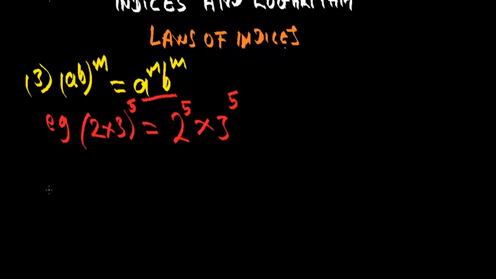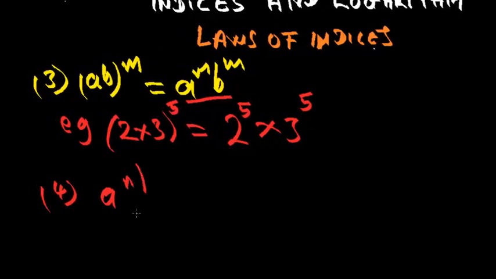Then we look at 4. If you have (a^n) exponent m, then this one is equal to a^(nm). And we can look at an example on that.